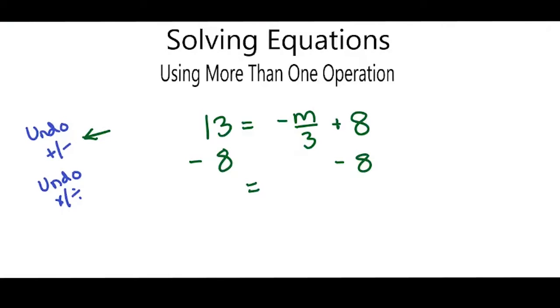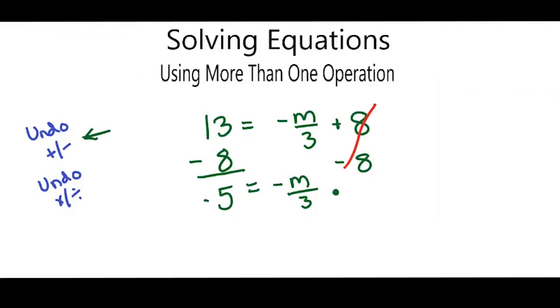All right, so I will subtract 8 on the right, and that will cancel those 8s, leaving me with negative m divided by 3 on the right, and on the left I have 13 minus 8, which is 5. Now I see here I have division, so that means I need to multiply.